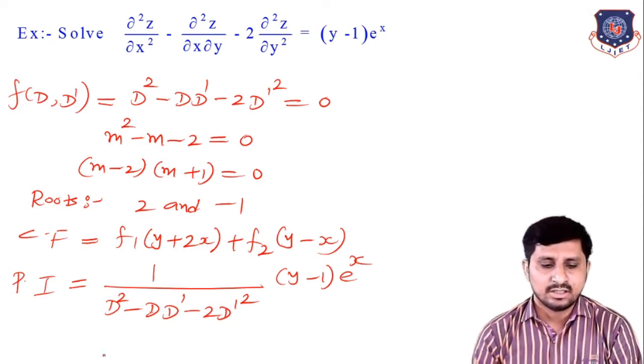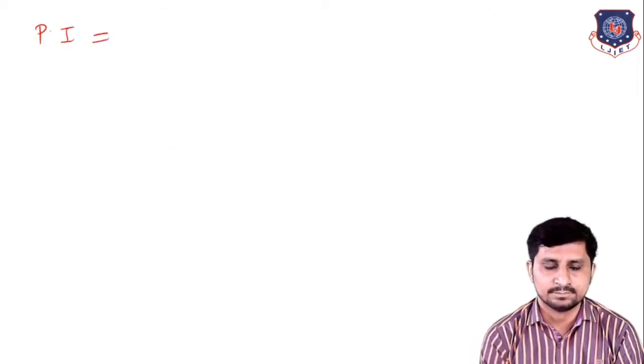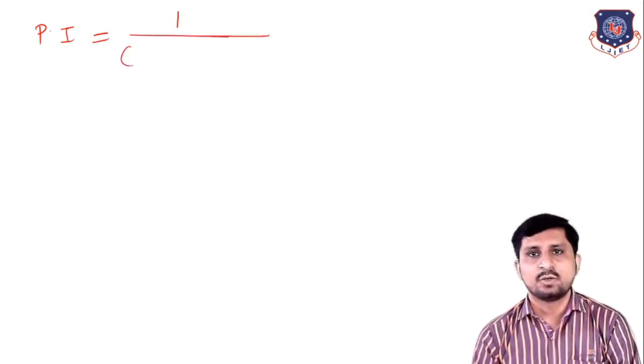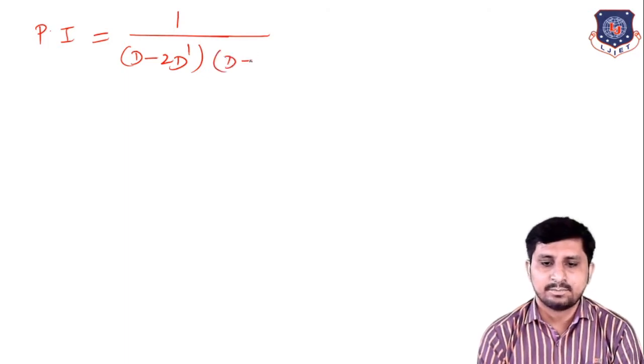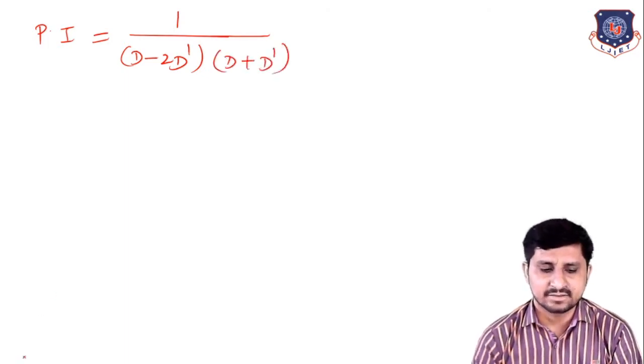Okay, so we can write particular integral that is equal to 1 upon, because roots are 2 and minus 1, so that's why I can write d minus 2d dash and d plus d dash. What is my function?